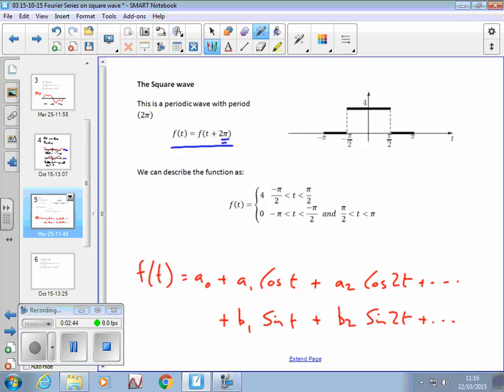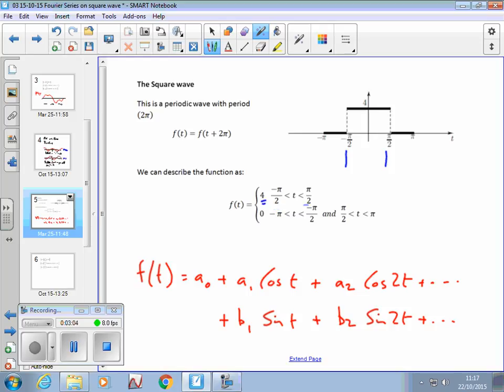Next thing is to define the function, and that's what this is doing with some inequalities in this case. So what this is saying is between minus pi over 2 and plus pi over 2, the value of the function is 4.